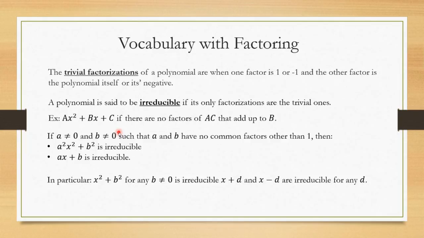And these are just some other examples. If A and B happen to be non-zero integers, and they have no common factors except 1, these are going to be irreducible. Here you have a sum of squares, here you have ax plus b, but again, you can't factor anything out because A and B have no common factors.